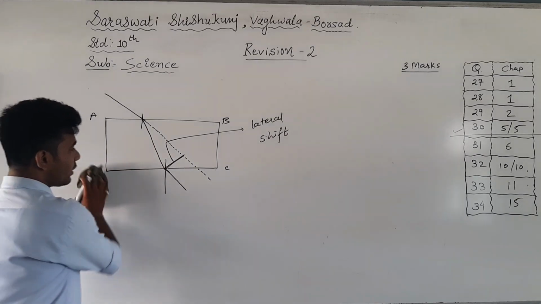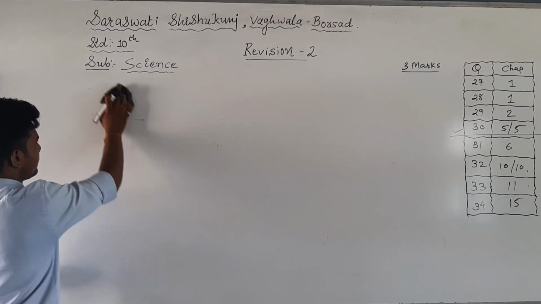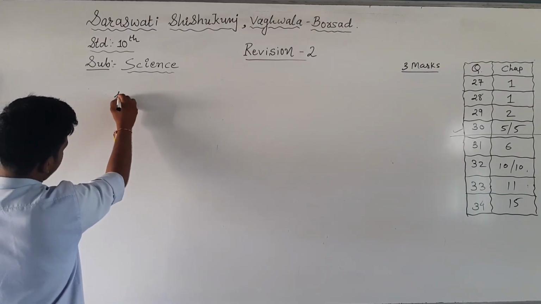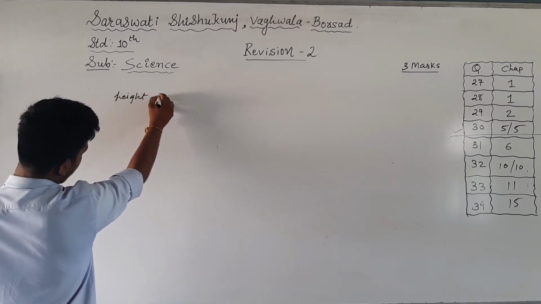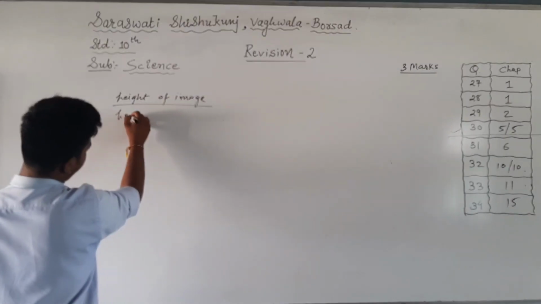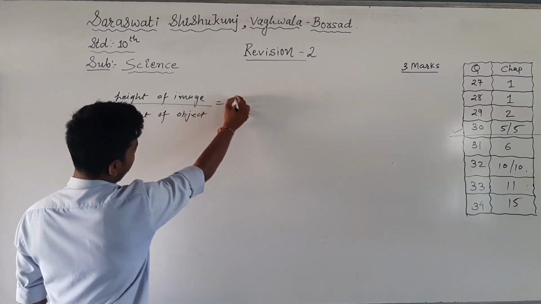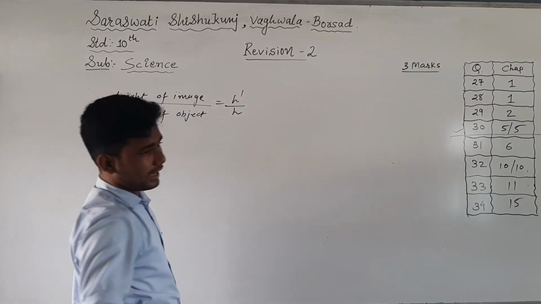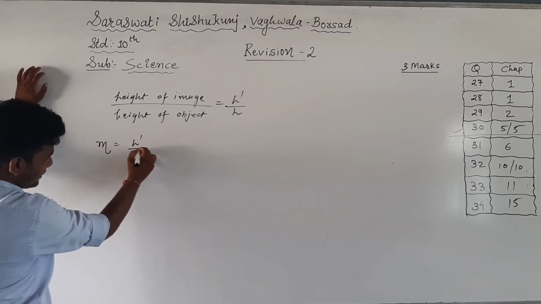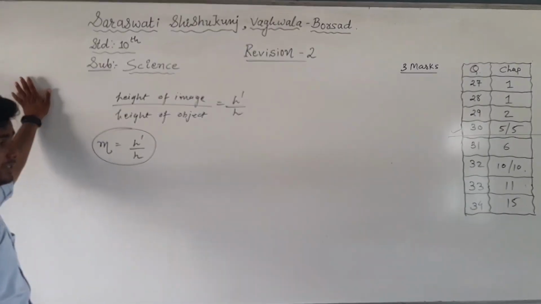Also some important questions like magnification, and explain the magnification. So it can also be there. Magnification is the ratio of the height of the image to the height of the object. It can be h dash upon h. So this will be our magnification, M is equal to h dash upon h. It can also be asked to you in 3 marks.